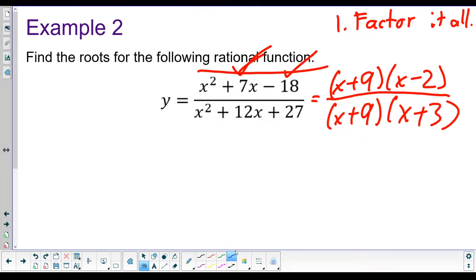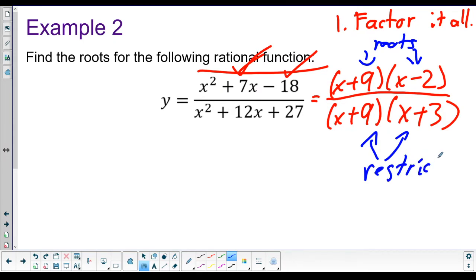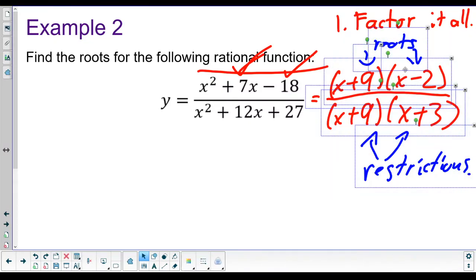All right, so now the top will give us the roots, and then the bottom will give us restrictions. Okay, so step 2, after you factored it, is find your roots and restrictions by setting the factors equal to 0. Do you want me to write that down for you?